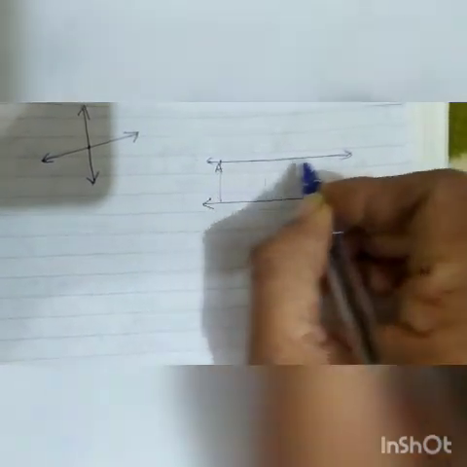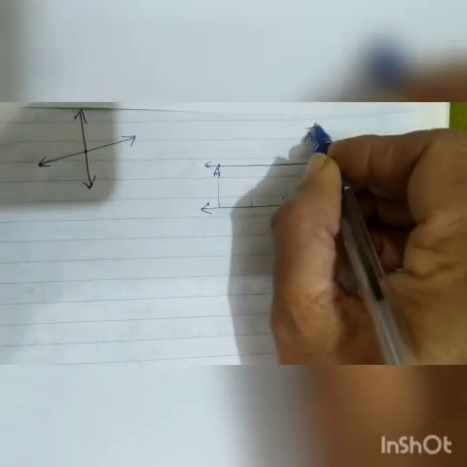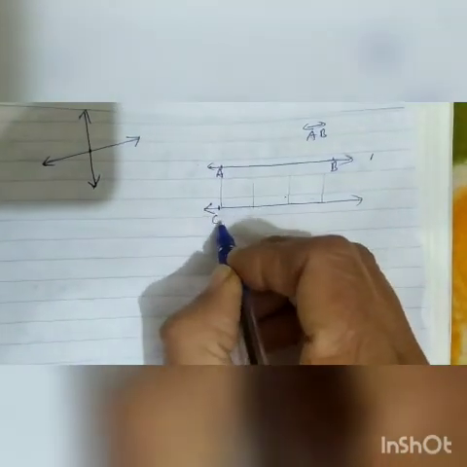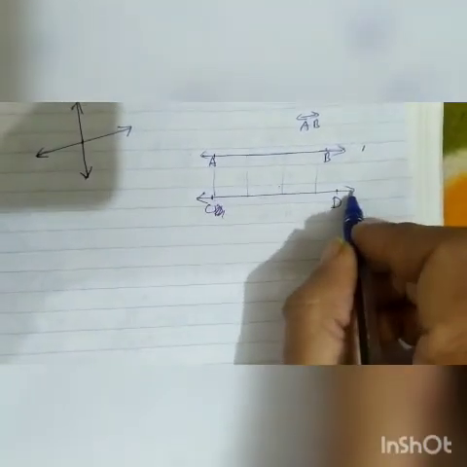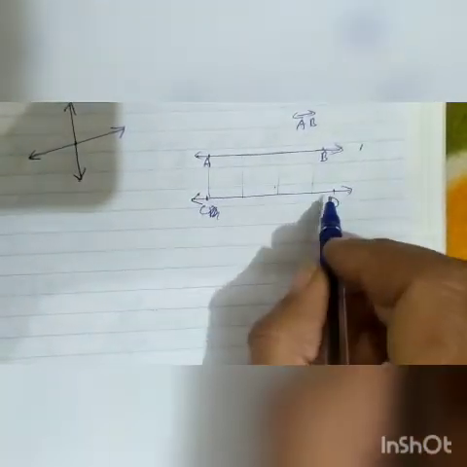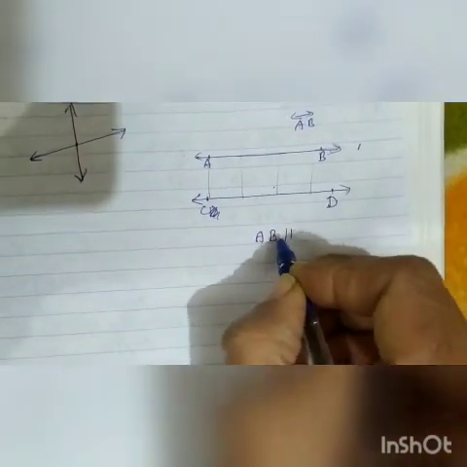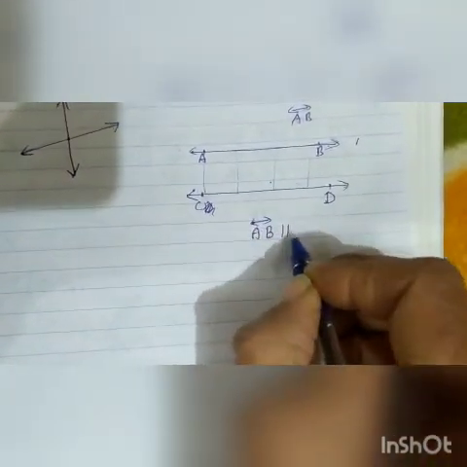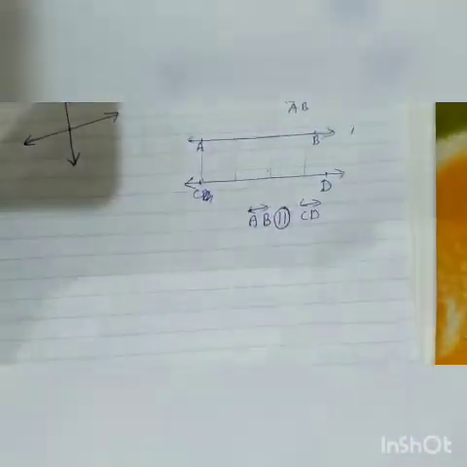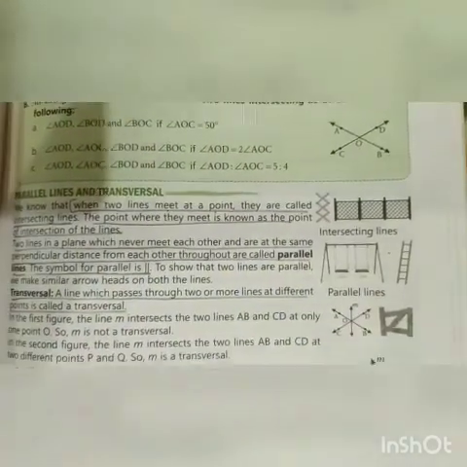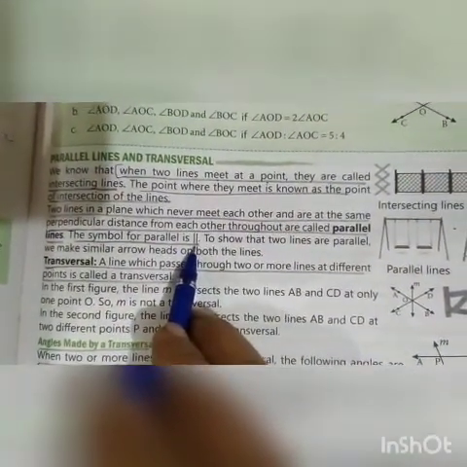Suppose this is line AB, and the second line is CD. AB line and CD line are parallel to each other. Then how will we write? AB parallel to CD. This is the symbol for parallel.